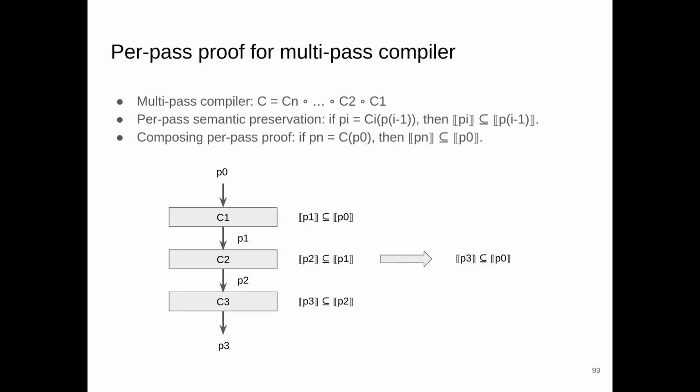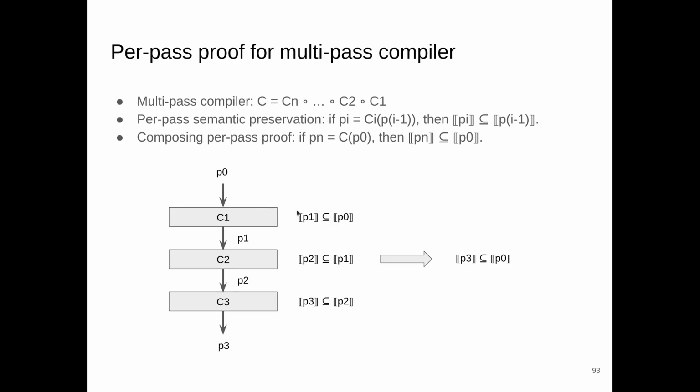And we can use this for proving the compiler's correctness, where the compiler consists of multiple passes. For example, it first performs IRGen, and then simplify CFG, and mem2reg, GVN, and dead code elimination, and later assembly generation, etc., etc. And what we need to do is establish the correctness of each pass instead of the entire compiler at once.